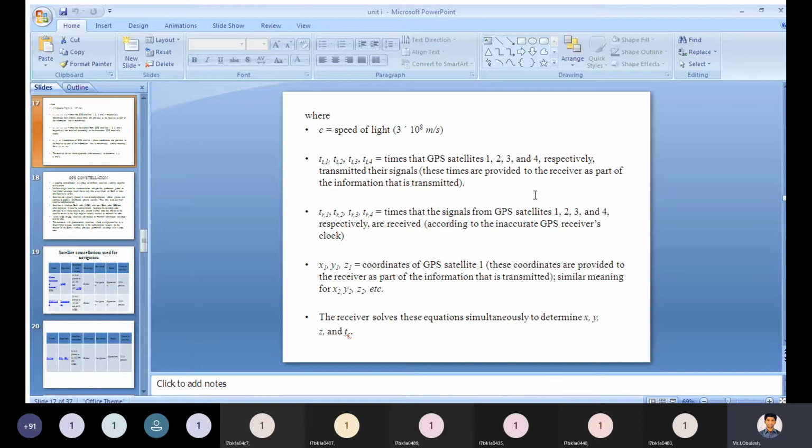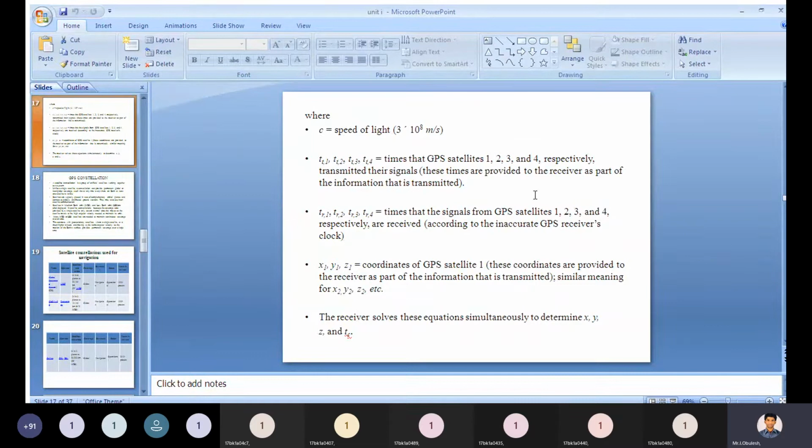Second one, TR1, TR2, TR3, TR4 are the times that the signals from GPS satellites 1, 2, 3, 4 respectively are received.